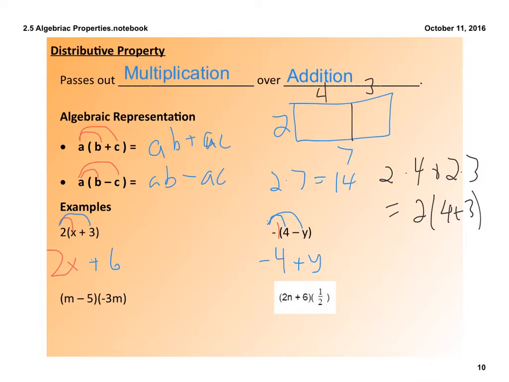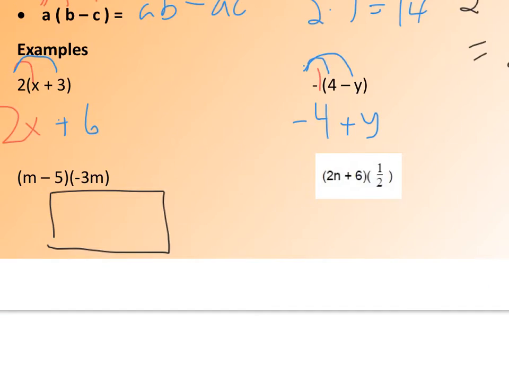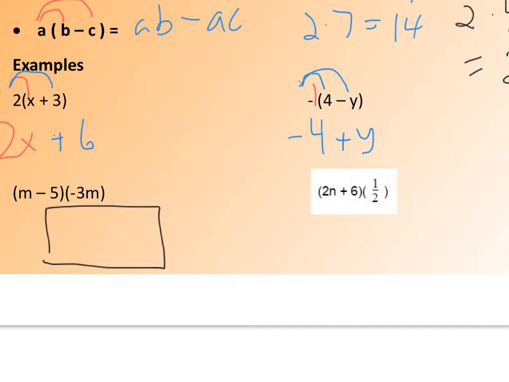Now, for the next one, I'm going to do this using a rectangle model. We can think of this as being a rectangle that has sides of negative 3m and m minus 5.